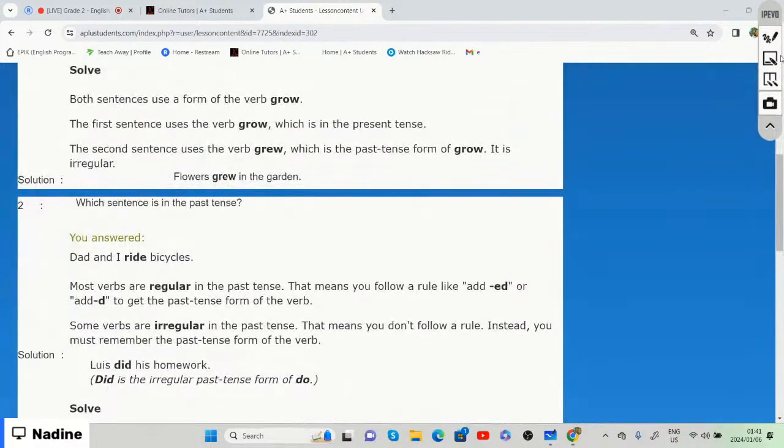All right, let's go to the next one. It says, Dad and I ride bicycles. This is now in the present tense, ride bicycles.